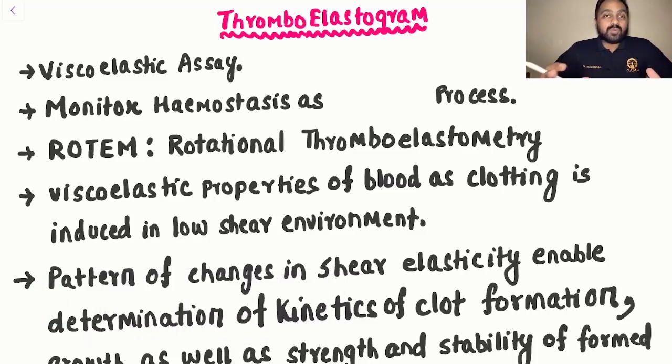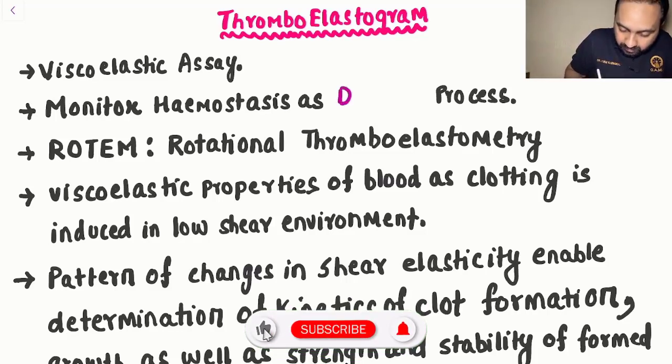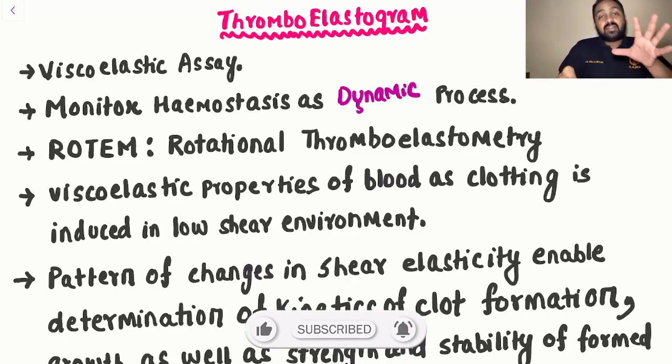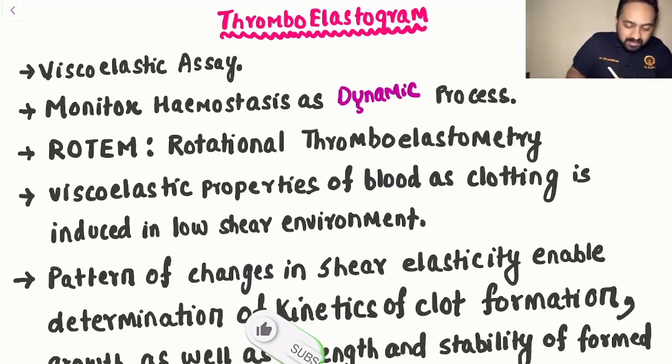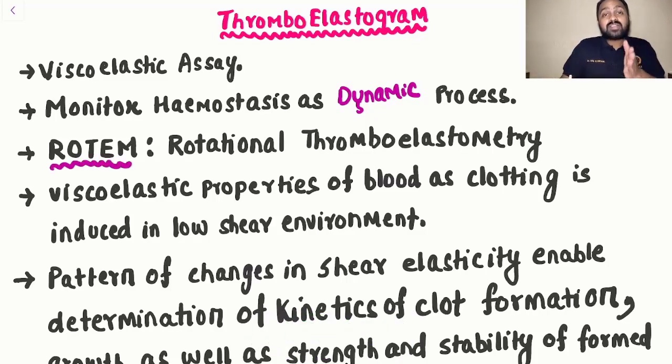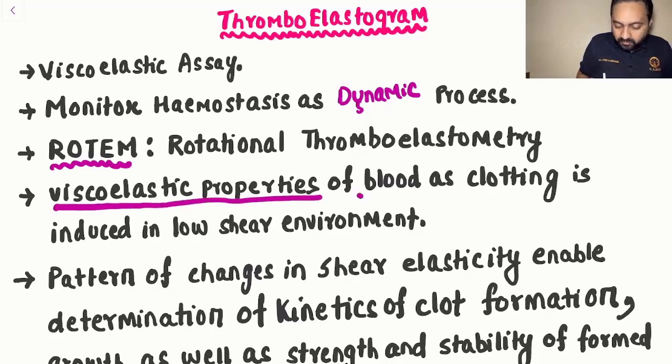What they basically do is monitor hemostasis as a dynamic process. Right. Now, another type of viscoelastic assay is your ROTEM. What is ROTEM? ROTEM stands for rotational thromboelastometry. They measure the viscoelastic properties of the blood as clotting is induced in a low shear environment.